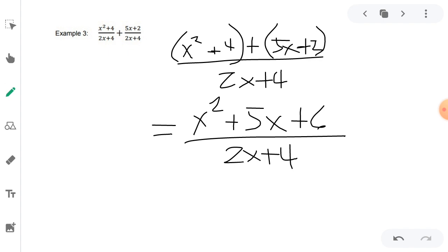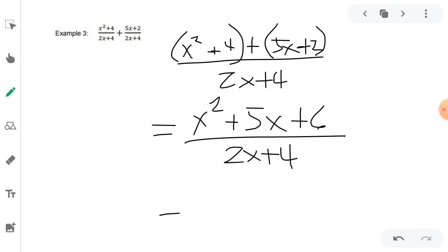So, sa tingin nyo, yung ating denominator, pwede ba siyang i-factor? So, pwede. So, ang gagawin natin sa pagpa-factor sa ating denominator is through factoring the common monomial factor or the greatest common monomial factor. So, i-factor natin si x squared plus 5x plus 6.